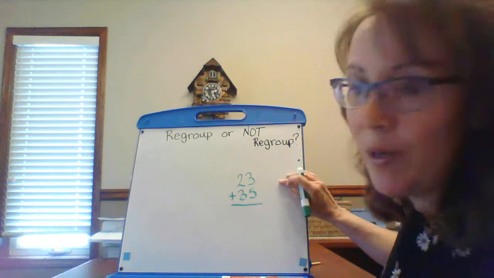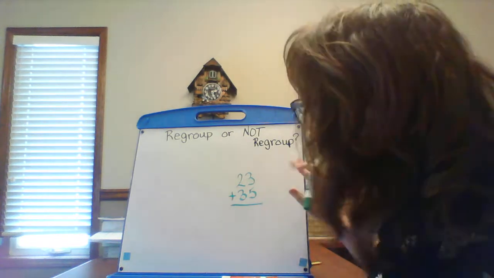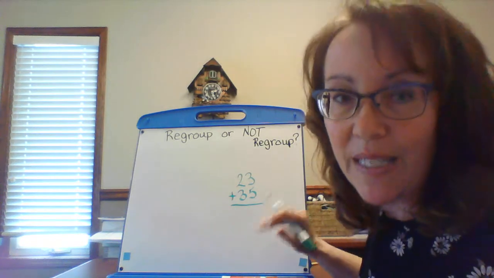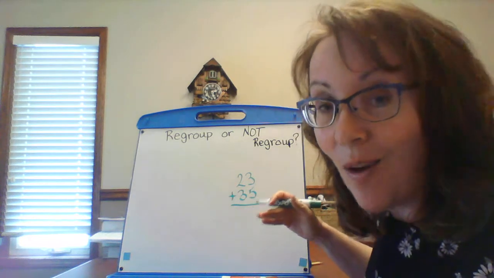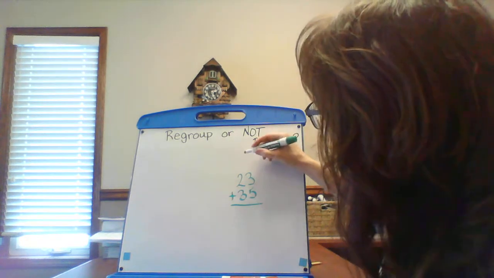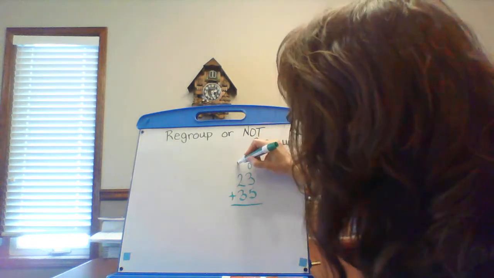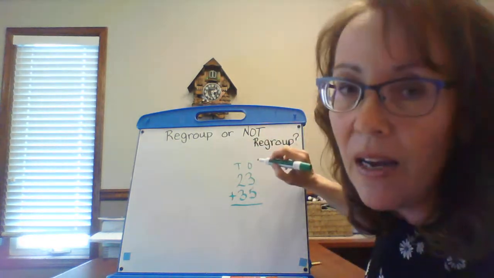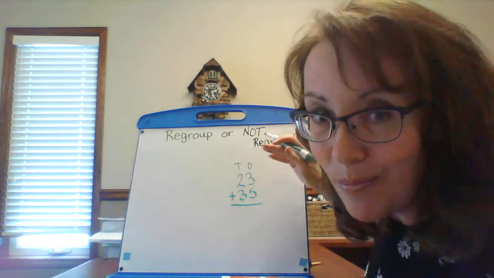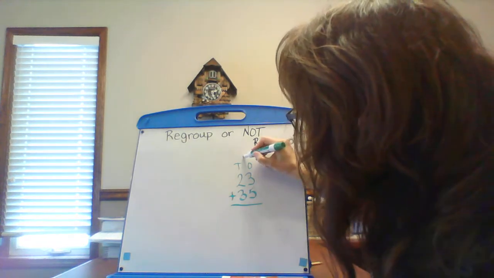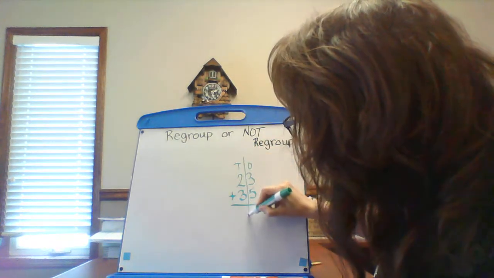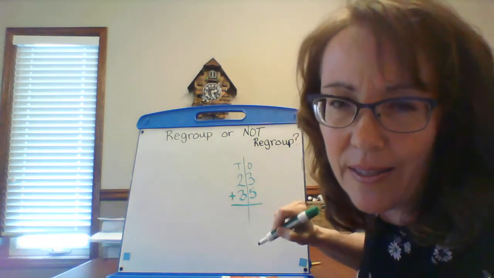We have 23 plus 35. Now, I want to find my ones place and my tens place. I know my ones place is on the right, so I'm going to put my ones here, and right beside I have the tens place. If you remember last week, I like splitting my numbers because it helps me organize my thinking.